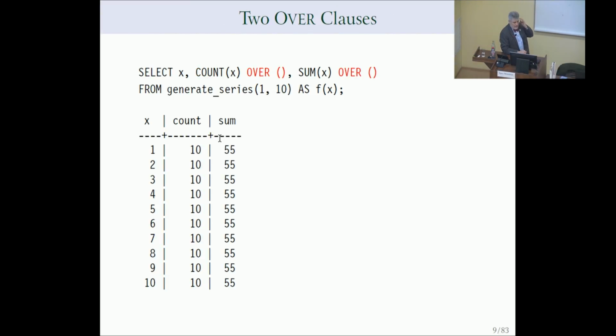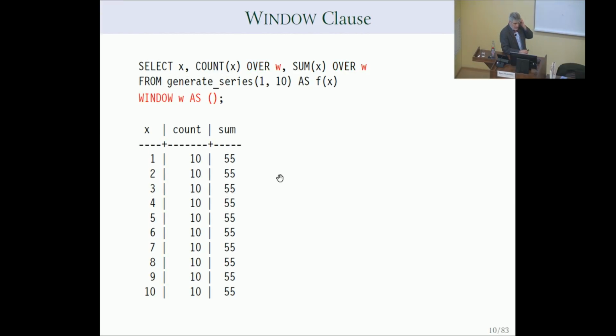Here's another window function. Here we're doing a count and a sum. So we have a count, here's 10, and here's a sum, there's 55. Notice there's two over clauses. Here's another one, but instead of having to say over and parentheses, what I did was I created a window clause, and I named one of the variables W, and I made it open parenthesis, close parenthesis.